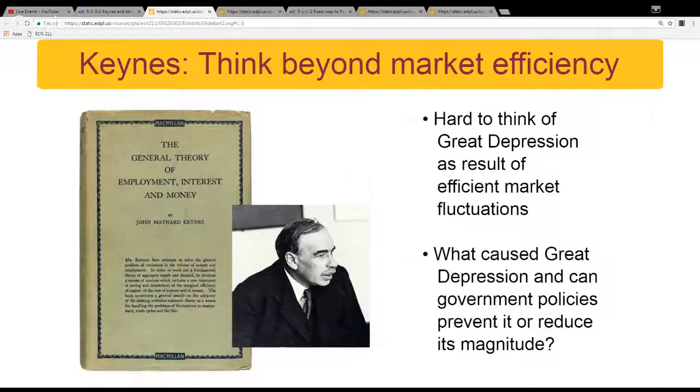Now, that idea that at the core of recessions, there are some things that are causing them as inefficient fluctuations, and the degree to which these fluctuations are inefficient is an important part of Keynesian economic thinking.